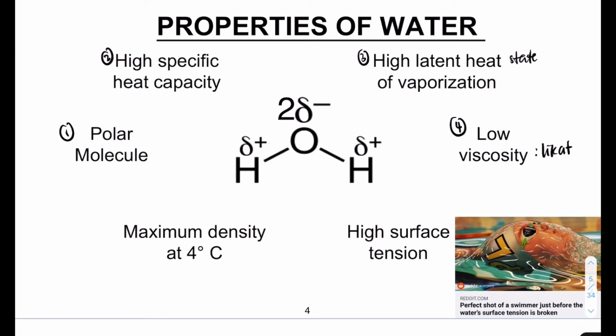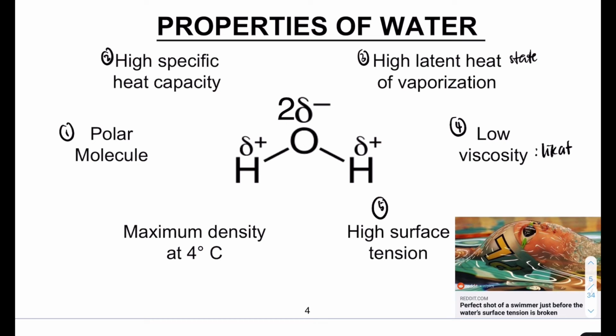Okay. The fifth property is high surface tension. So untuk memudahkan kamu faham apa yang dimaksudkan dengan high surface tension, boleh refer gambar rajah ni lah. So di permukaan air, dia ada surface tension yang tinggi, di mana dia akan membentuk lapisan di permukaan air yang tegang.